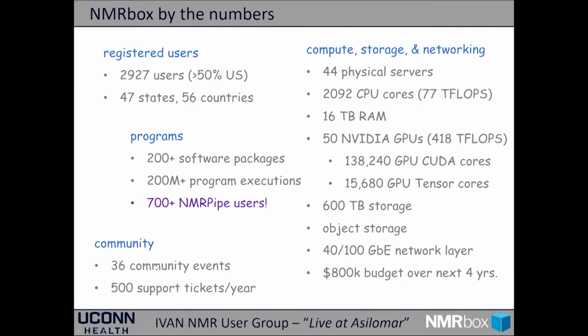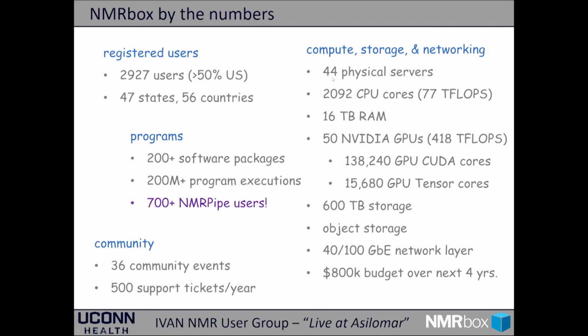We've held about 36 community events, and we continue to hold more. We have a support ticket system, and we answer a lot of support tickets per year. And on the compute, storage, and networking side, they're not all operational yet, but we're in the midst of a pretty major rollout to expand our capacity.